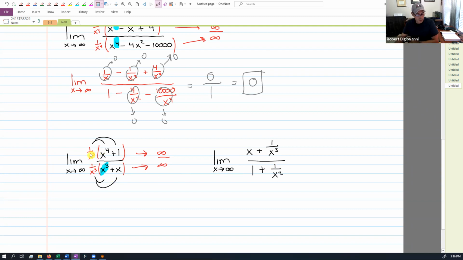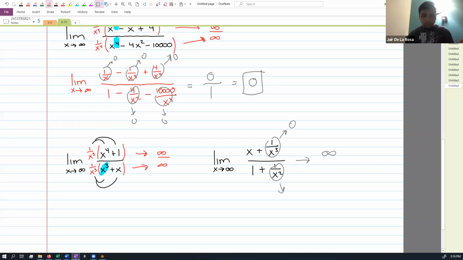Distributing through, we're still left with an x on top, and on the bottom we have a 1, and then 1 over x squared. We have two things that vanish now. That goes to 0, that goes to 0. Where's the numerator headed? Infinity. It's going bigger. Infinity over 1 is just headed to infinity.